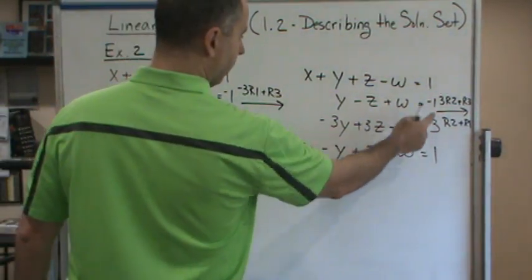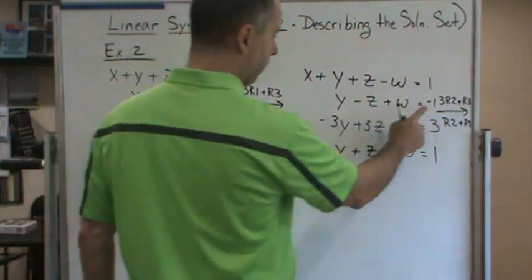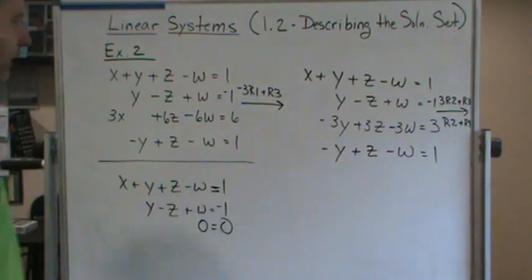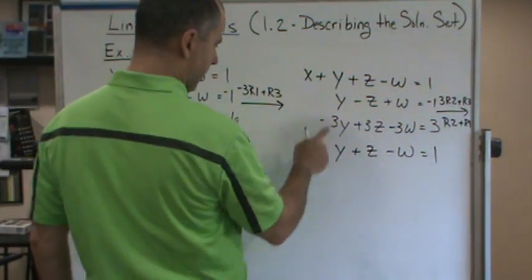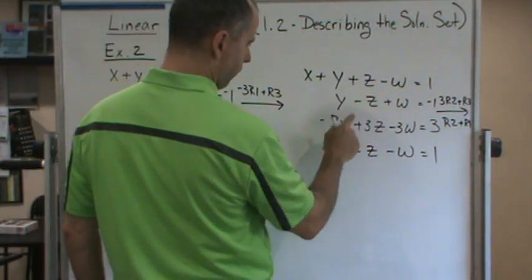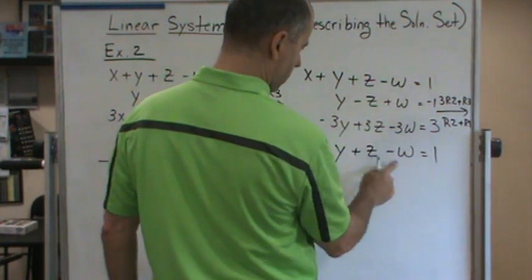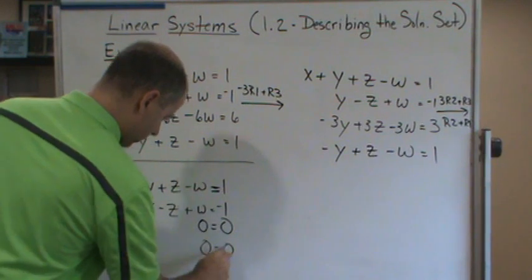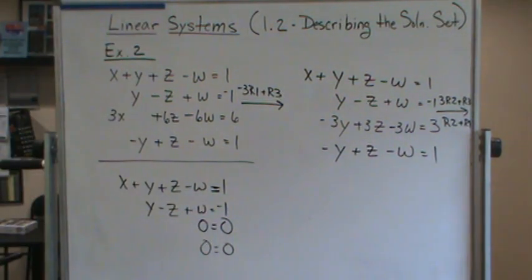And then we get -3 plus 3, which is 0. So we get 0 equals 0 for that one. And then we do the same thing. We're going to add these. So we get 0, 0, 0, and 0. So we get 0 equals 0.